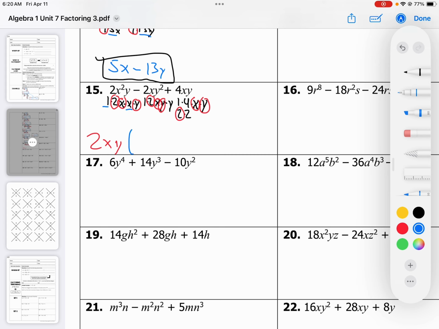That would be 1x here. I'm going to put just x, but you could put 1x. For the middle term, it'd be 1y, so I would, again, just probably put y. This one will be a minus. And then finally, for this one, when we take out the 2xy, we're left with a 2. And this one is a plus. So we get 2xy times x minus y plus 2.